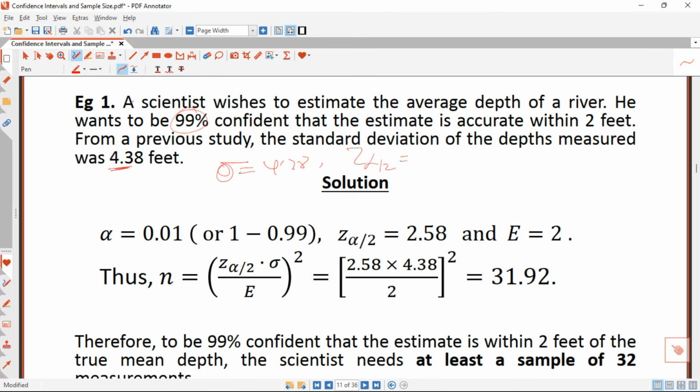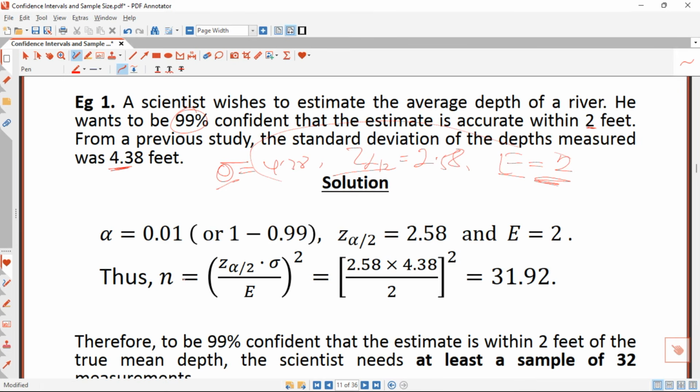When you visit that video, you will see that for a 99% confidence level, z subscript alpha divided by 2 is 2.58. Our e is given inside the question as 2, that is, he wants to be 99% confident that the estimate is accurate within 2 feet, so our margin of error is 2. Once we have sigma, z subscript alpha over 2, and e, the work is done.